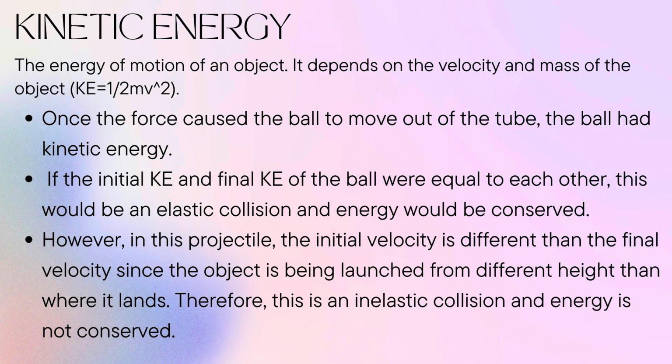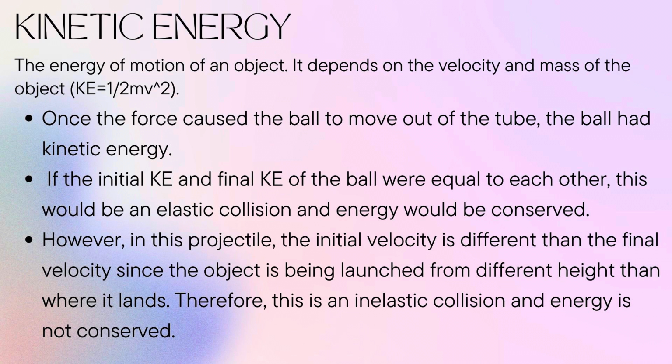The next concept is kinetic energy, which is the energy of motion of an object, and it depends on the velocity and the mass of an object as seen in the equation above. So once the force caused the ball to move out of the tube, the ball had kinetic energy because it was moving. So this also relates to the law of conservation of energy, because if the initial and final kinetic energy of the ball were equal to each other, this would be an elastic collision and energy would be conserved.